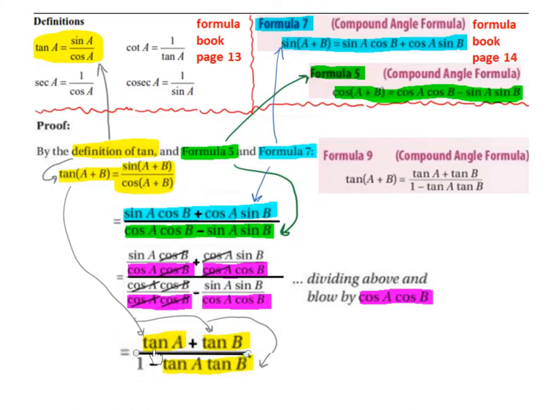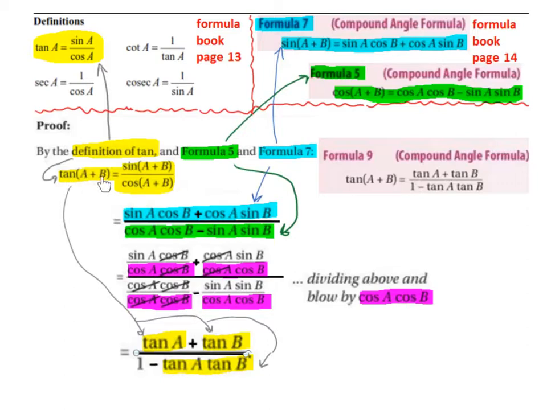We bring down the minus, and next we have sine of A sine of B divided by cos of A cos of B. And again, using our tan of A definition, the sine of A divided by cos of A will give us tan of A, and that's stuck on to tan of B, which we get from sine of B over cos of B, again using this definition.